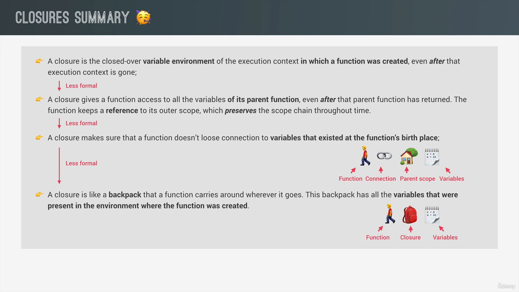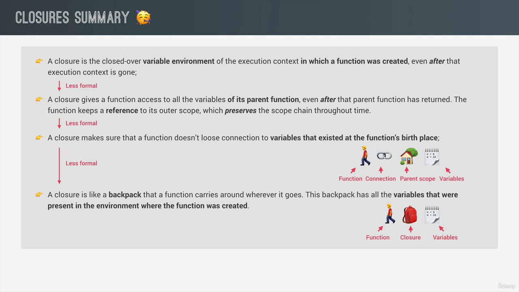Then, whenever a variable can't be found in the function scope, JavaScript will look into the backpack and take the missing variable from there. So kind of similar to the other definitions, but maybe a little bit more visual. So these are some different ways of defining closure, but they all represent the same idea.